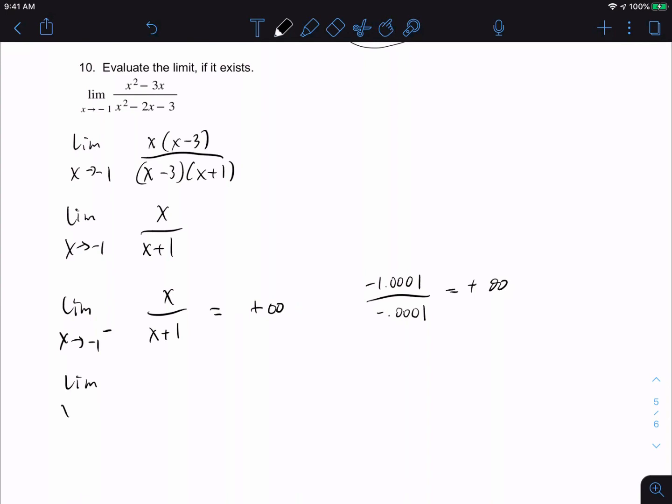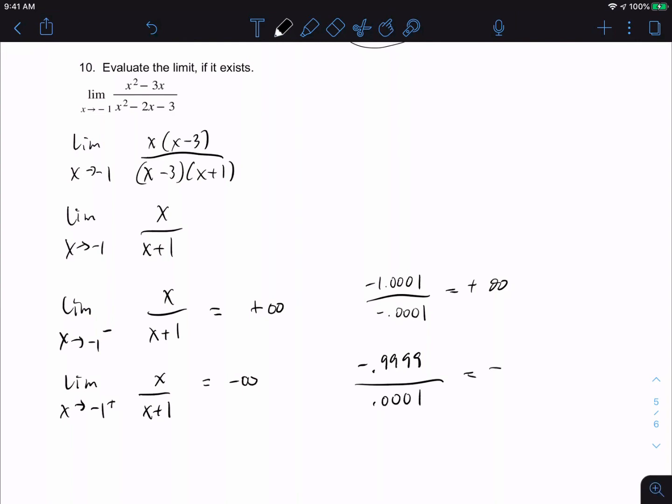Now, as I go the limit as x approaches -1 from the right, I'm going to end up with negative infinity. The reason is on top, I'm going to end up with -0.9999 over 0.0001.